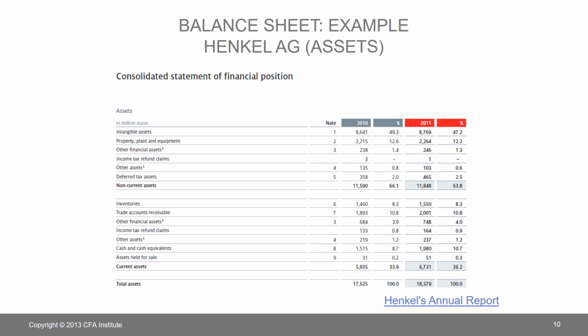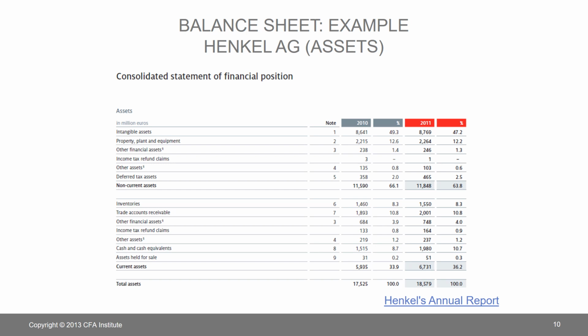Henkel's balance sheet illustrates the following differences from Colgate's balance sheet. First, it illustrates the ordering of assets from least liquid to most liquid, with non-current intangible assets at the top and cash at the bottom. Whereas if you go back to Colgate-Palmolive's balance sheet, you will notice that they have the opposite ordering.